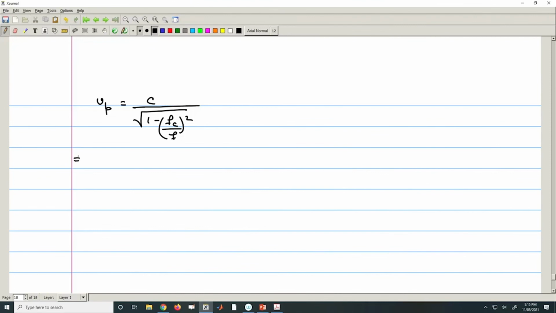Okay, so ratio of phase velocity to medium velocity, since it is an air filled waveguide, will be Vp upon c is 1 upon root over 1 minus fc upon f square. Okay, so now we know fc. We also know f, so substituting, the ratio comes out as 1.193.